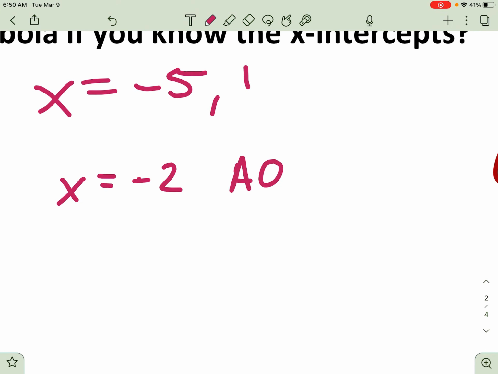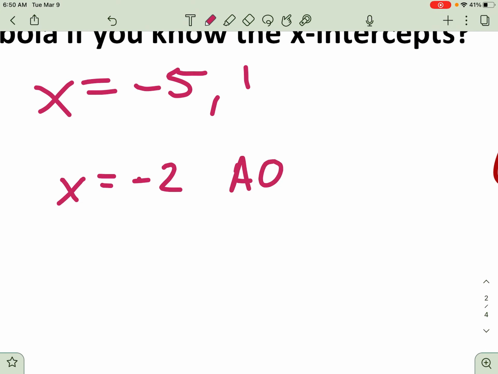So x equals -2 is the axis of symmetry. These are our solutions. If x equals -2, you could solve this just by plugging it back in. If the formula was x plus 5 and x minus 1, remember it's the opposite, then I can plug in that -2 and get the y value of my vertex.